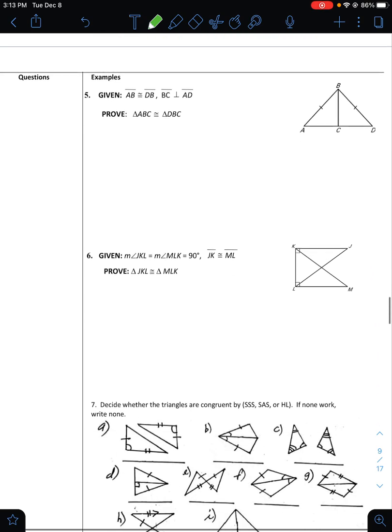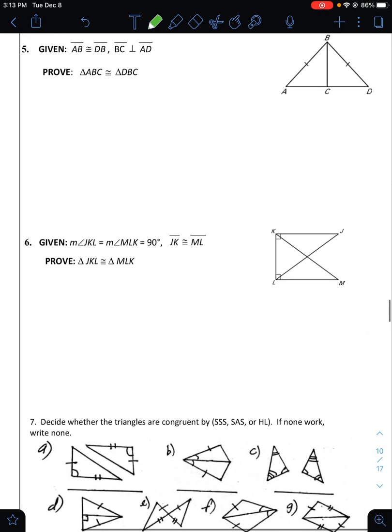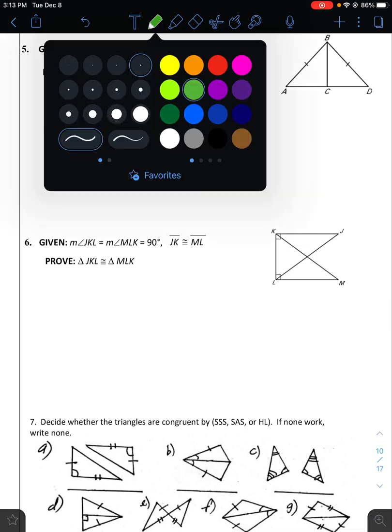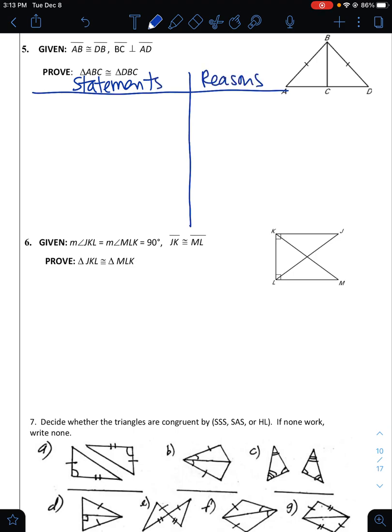Okay, let's actually now do some full proofs. Okay, number 5. So go ahead, let's get our T-chart set up. So label your columns. You've got statements and reasons. And then again, I'm going to go ahead and just put both givens in line 1.